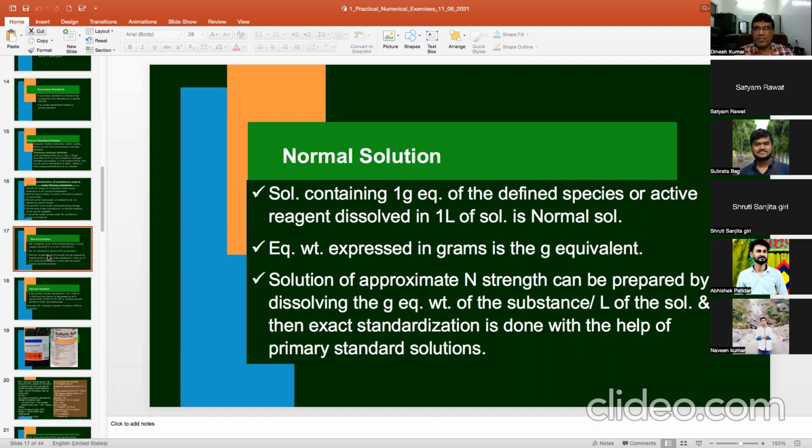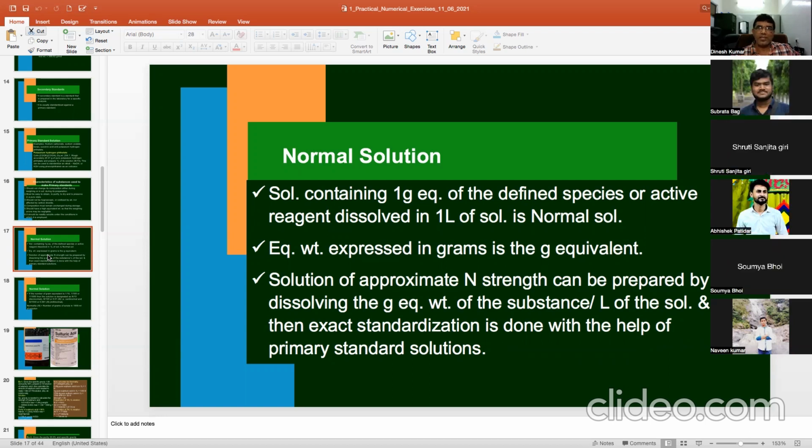Equivalent weight expressed in grams is the gram equivalent weight. Solution of approximate normal strength can be prepared by dissolving the gram equivalent weight of the substance in 1 liter of the solution, and then exact standardization is done with the help of a primary standard solution. Standardization means knowing the exact strength of the prepared solution.